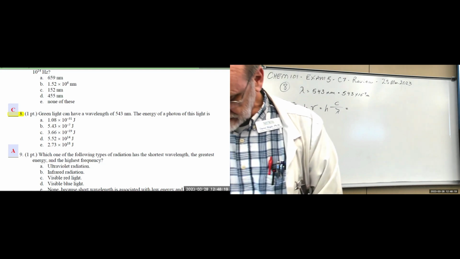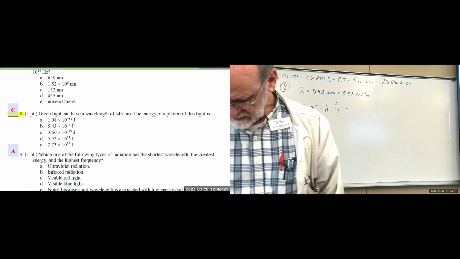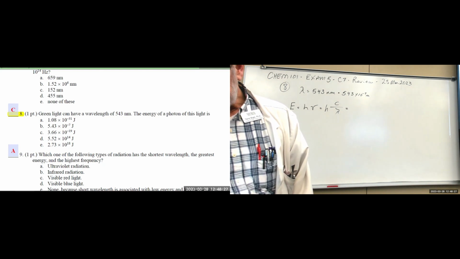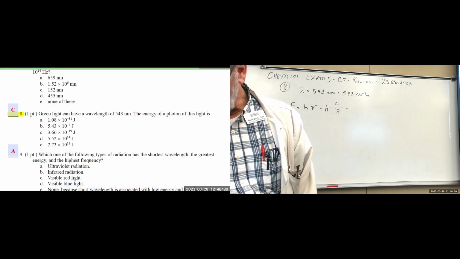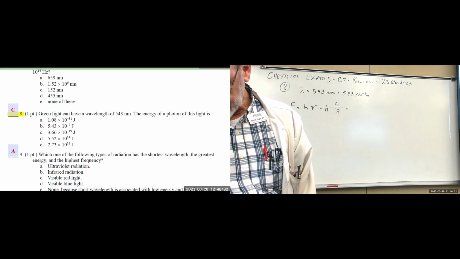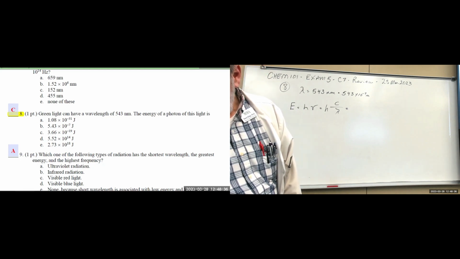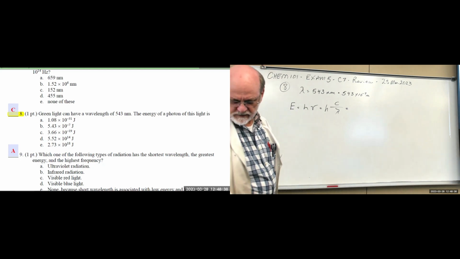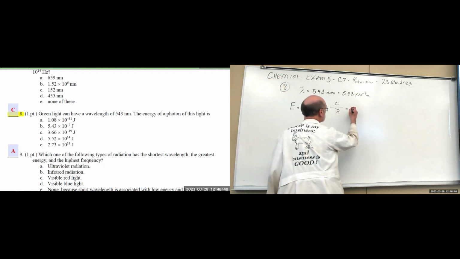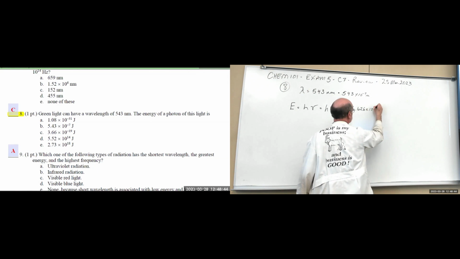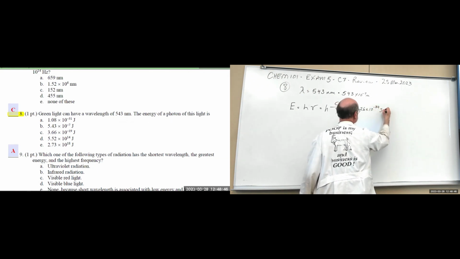Planck's constant. Oh, where did I put it? Conversion factors, densities, formulas. I know it's in here. There it is. 6.626 times 10 to the minus 34 joule seconds.